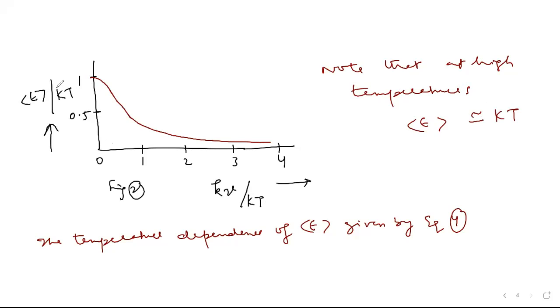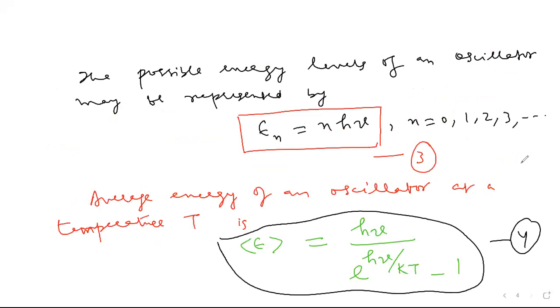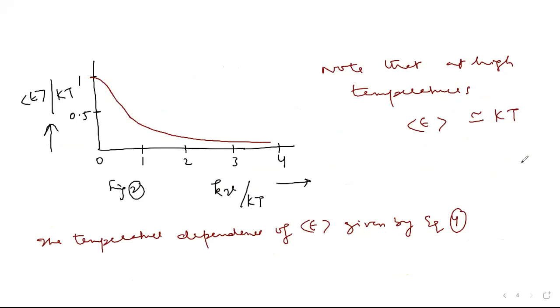That means at this point, average energy is equal to kT. So at high temperatures, the average energy used by Einstein and by Planck for the oscillator is kT, in agreement with the classical theory. Classical theory, remember, uses average energy for the oscillator equal to kT. So at high temperatures, there is agreement of the quantum theory with the classical theory.